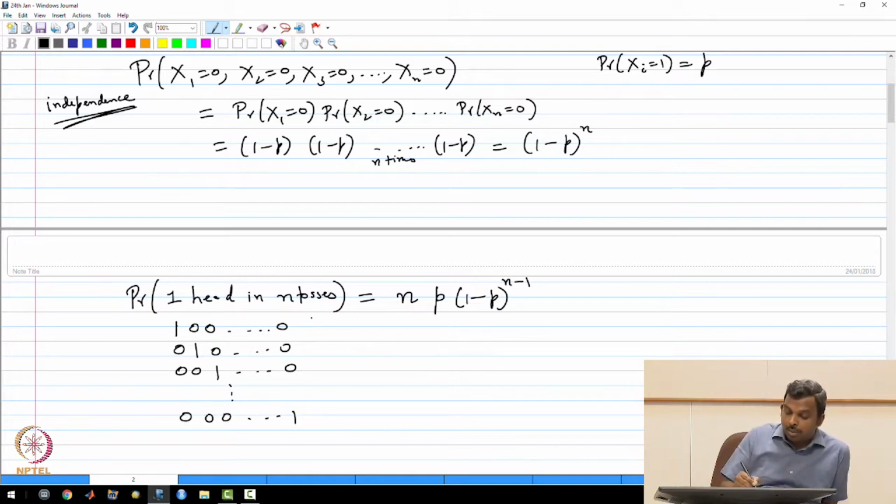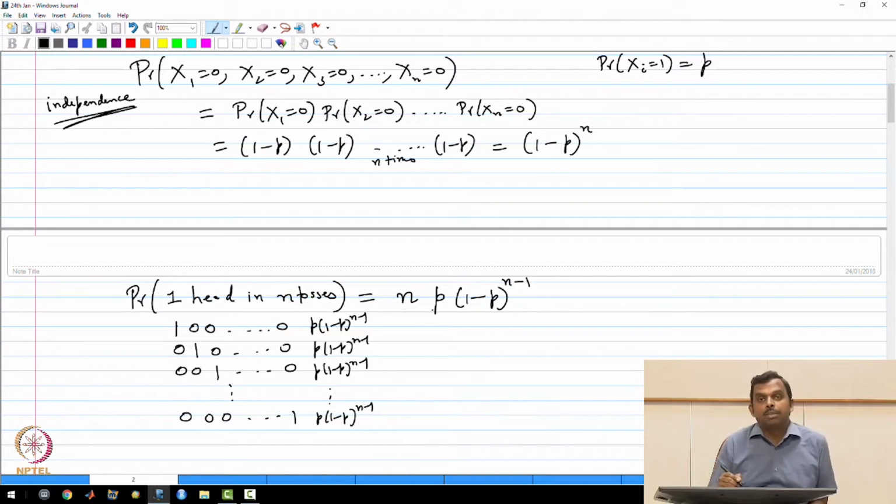Each of these has probability p into (1 minus p) power n minus 1. You add up all of them together, you will get n times p (1 minus p) power n minus 1. Okay, so this is how you deal with IID events.